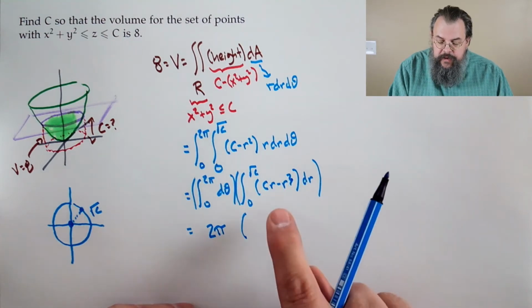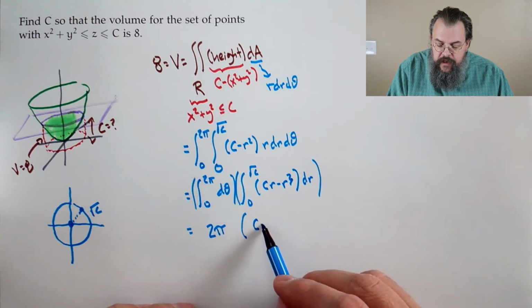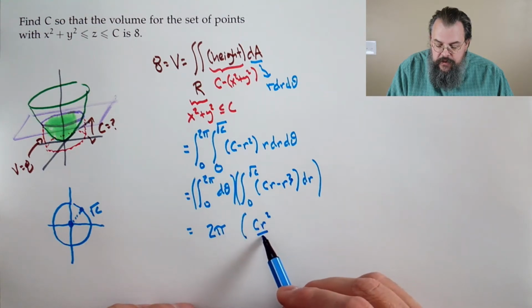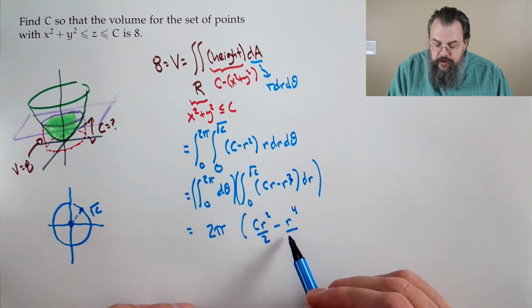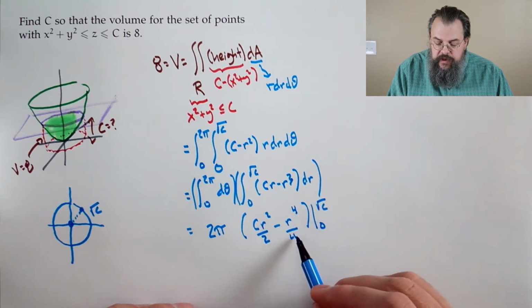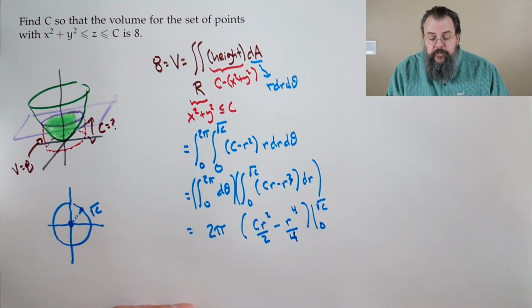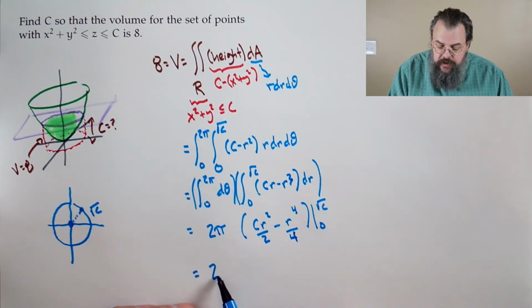Yeah. So anyways, c times what? It'll be c r squared over 2. And here, it'll be r to the 4th over 4. And evaluate 0 up to square root of c. All right. Well, what goes on here?